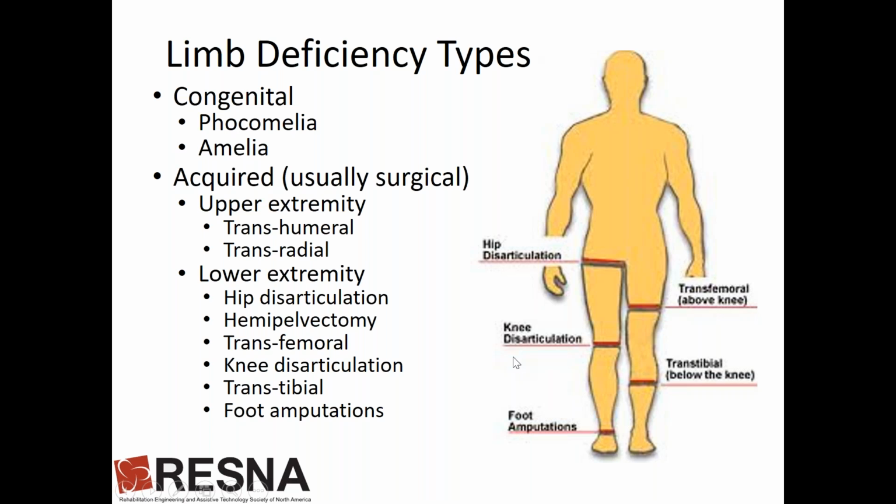Depending on if there's a specific cause, you may see a knee disarticulation or a foot amputation. These may be because of a disease process, but typically you're going to see it classified as you see on the left side here.